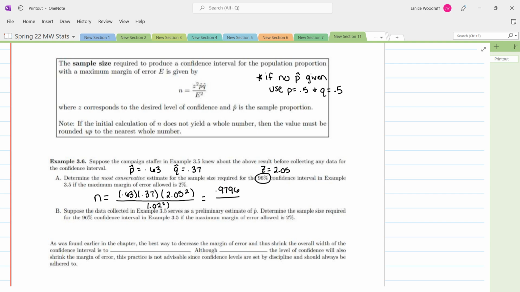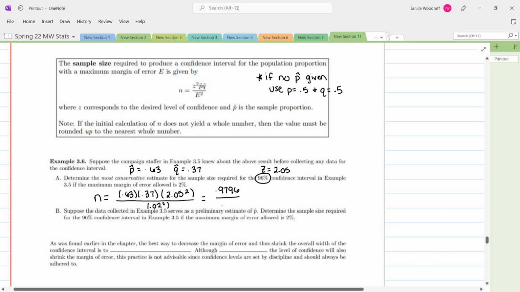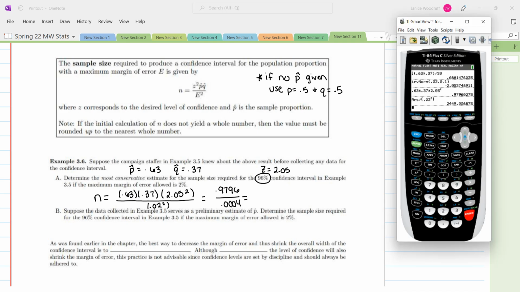And then we're going to divide that by 0.02 squared. So 0.02 squared is 0.0004, just so you guys know. What's that? 2449.007.